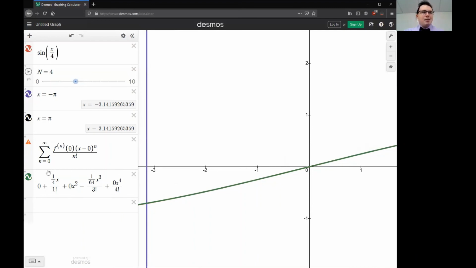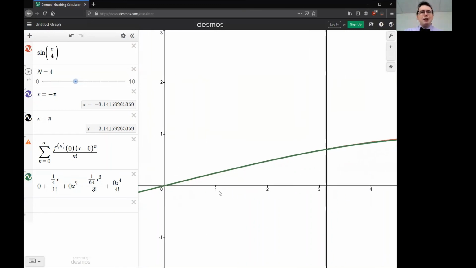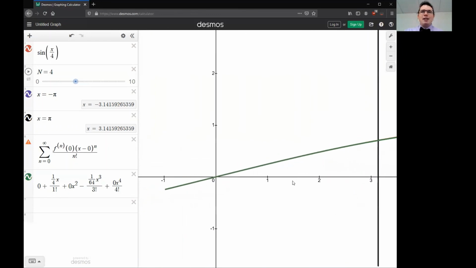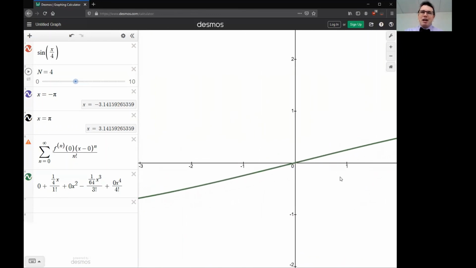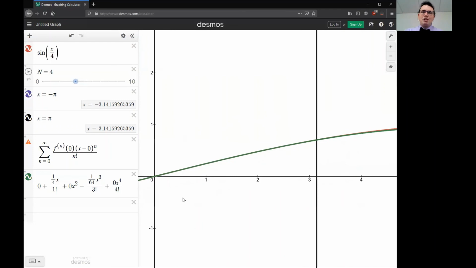Nevertheless, these 5 terms give me my degree 4 Taylor polynomial. It happens to have leading term 0, so it's really a cubic polynomial. That can happen occasionally. But this approximation stays within my margin of error for the whole interval.